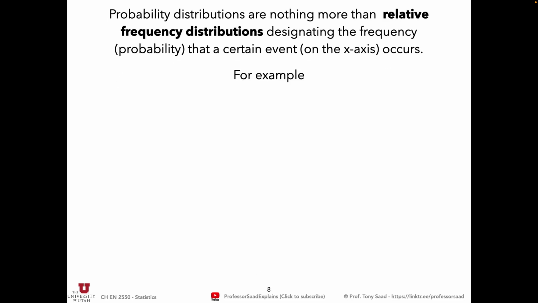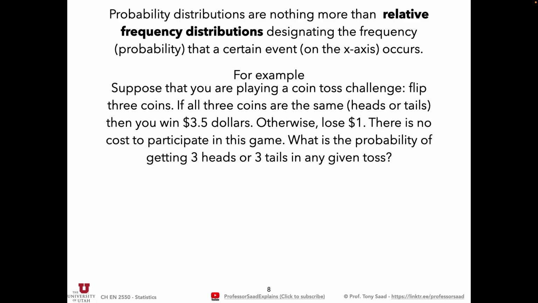So for example, we'll work this with an example and then build up. It's a very inductive process, and then build up all the definitions we need. So we will start by assuming that you're playing a coin toss challenge. You have 3 coins, and you're going to flip all 3 of them. Let's say you stack them on top of each other, or you somehow put them laying next to each other on a little ruler, and you just flip them. If all 3 coins land the same, either heads or tails, then you win $3.50.